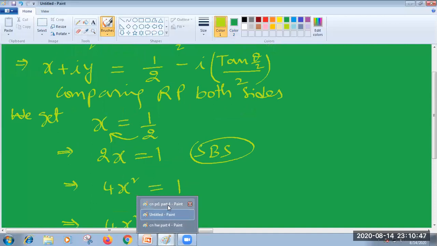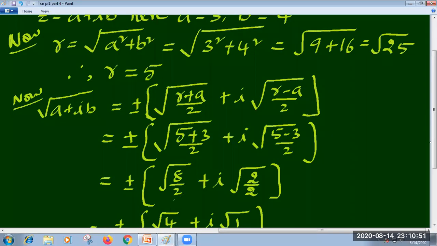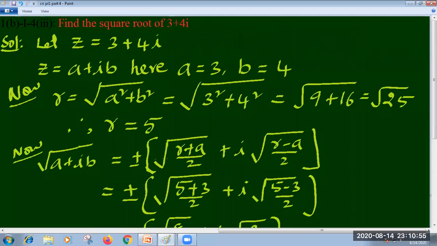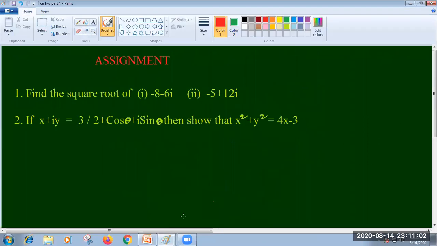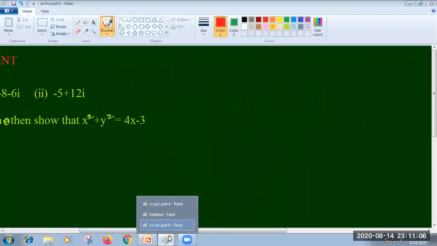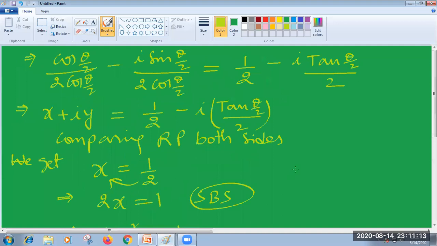Very simple. First taking the given condition and 1 plus cos theta, you write 2 cos square theta by 2 and sin theta as 2 sin theta by 2 cos theta by 2, and taking 2 cos theta by 2 common, then rationalize and further simplifying you will get the required answer.